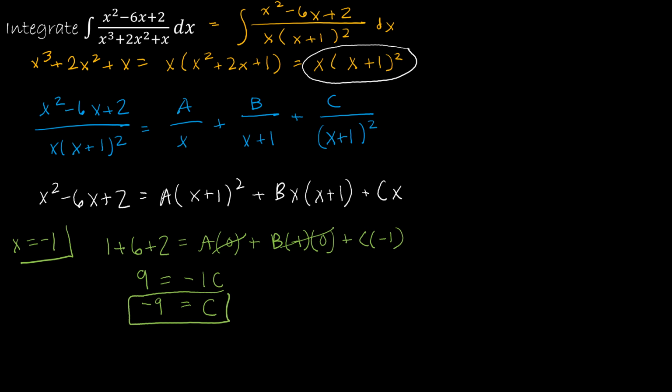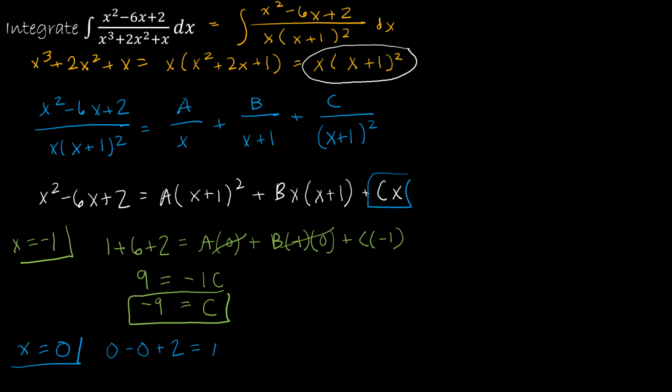Well, what if I let x equal 0? And why did I choose 0? Because of cx. So I would get 0 squared minus 6 times 0 plus 2.